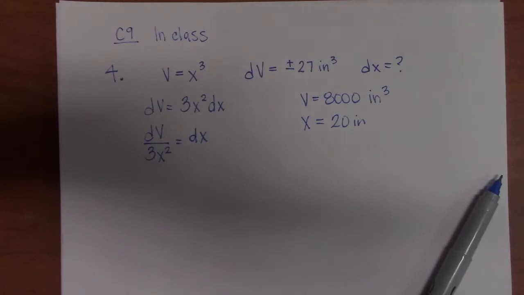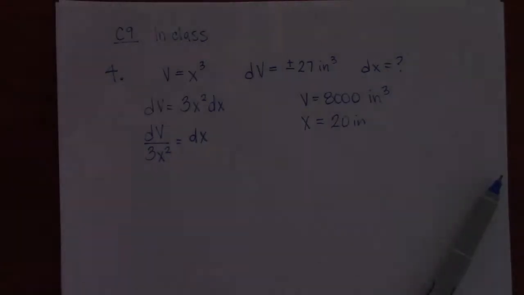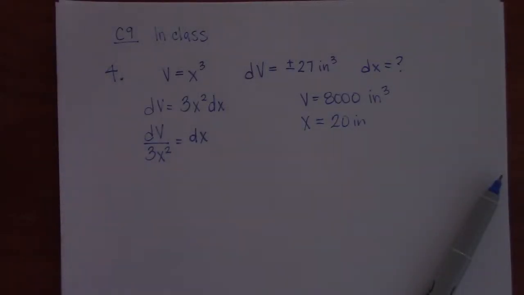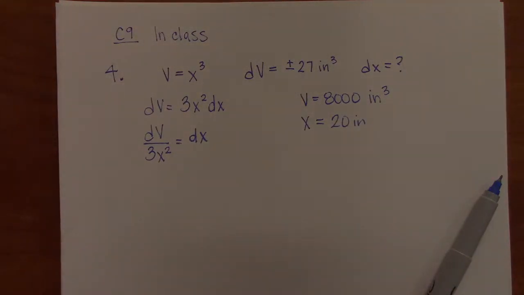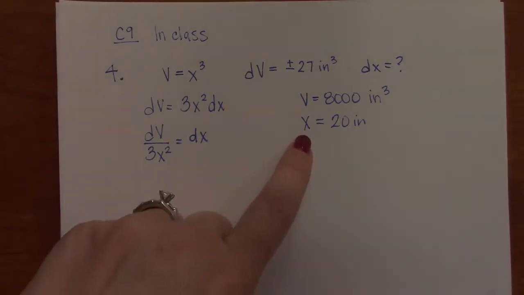So if you have a cube of size 20 inches, sorry, let me fix this. Okay, there we go. So if you have a volume of 8,000, that means the sides were 20.